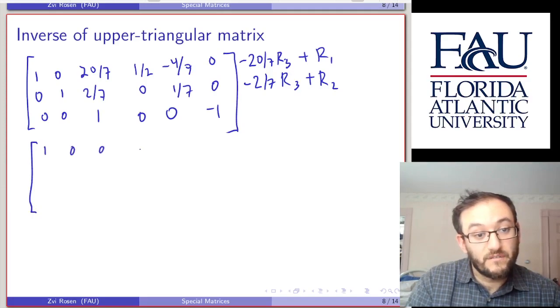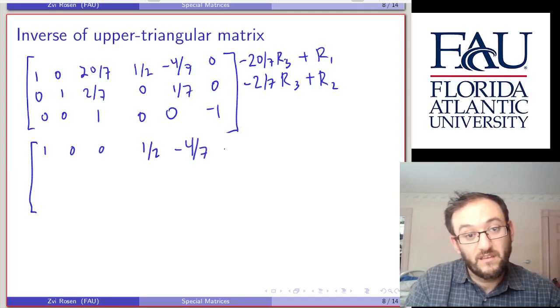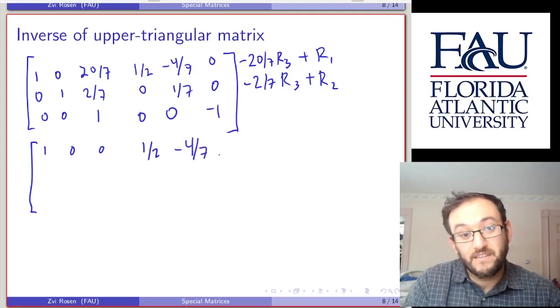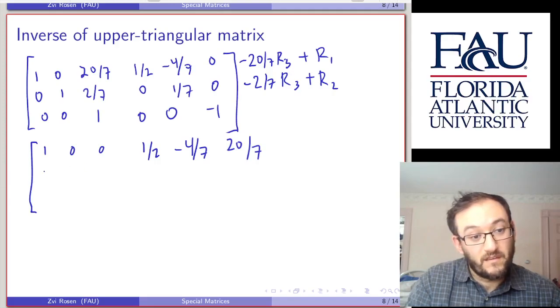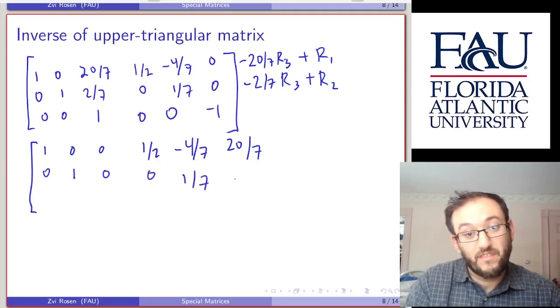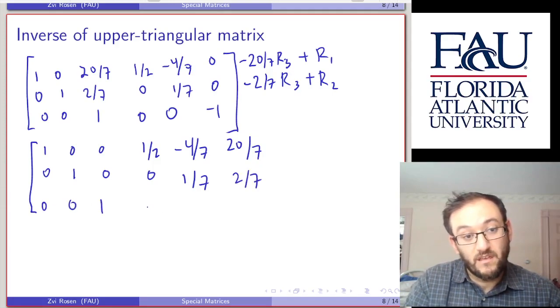1, 0, 0, 1/2, minus 4 over 7, and positive 20 over 7. 0, 1, 0, 0, 1/7, positive 2/7, and 0, 0, 1, 0, 0, minus 1.